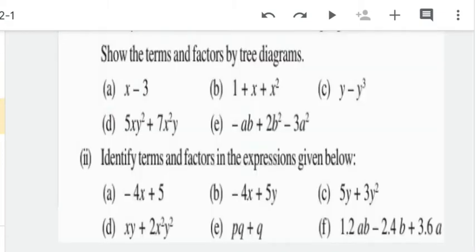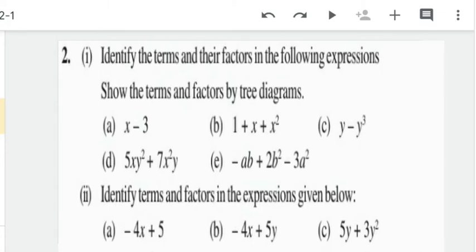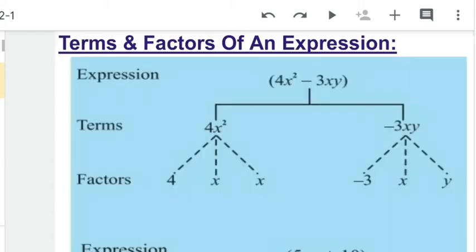Now let's start the questions based on terms and factors. Question number 2, first part: identify the terms and their factors in the following expressions, and we have to show the terms and factors by tree diagram, as we saw in this example.